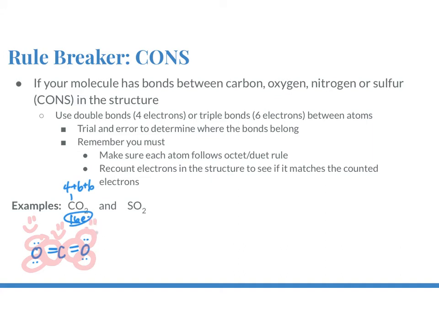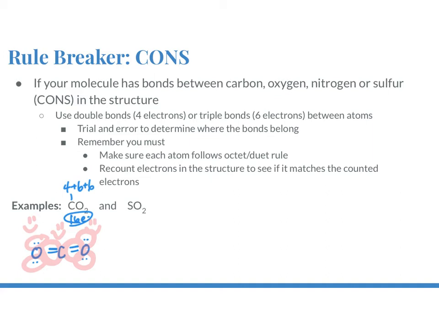So that oxygen is happy. So now we used our 16 electrons, it matches, and everyone is happy with the octet rule. I find that this works the best to determine where our double bonds or our triple bonds go. So let's do another example with that.